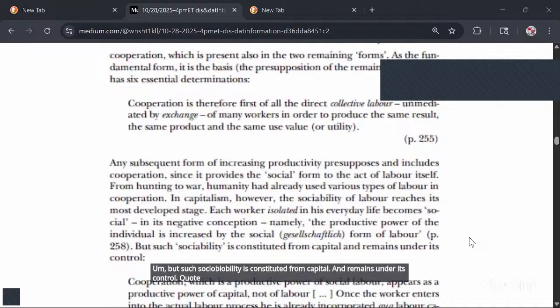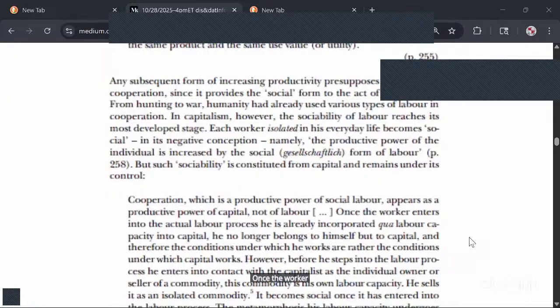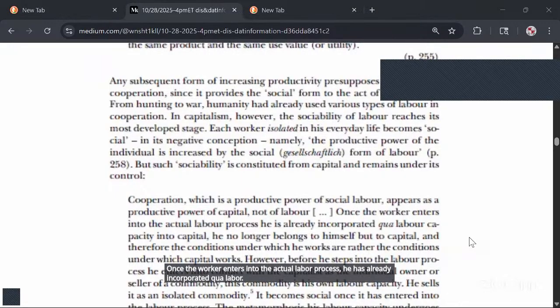Quote, "Cooperation, which is a productive power of social labor, appears as a productive power of capital, not of labor. Once the worker enters into the actual labor process, he has already incorporated qua labor capacity into capital. He no longer belongs, you've punched in, he no longer belongs to himself, but to capital, and therefore the conditions under which he works are rather the conditions under which capital works.